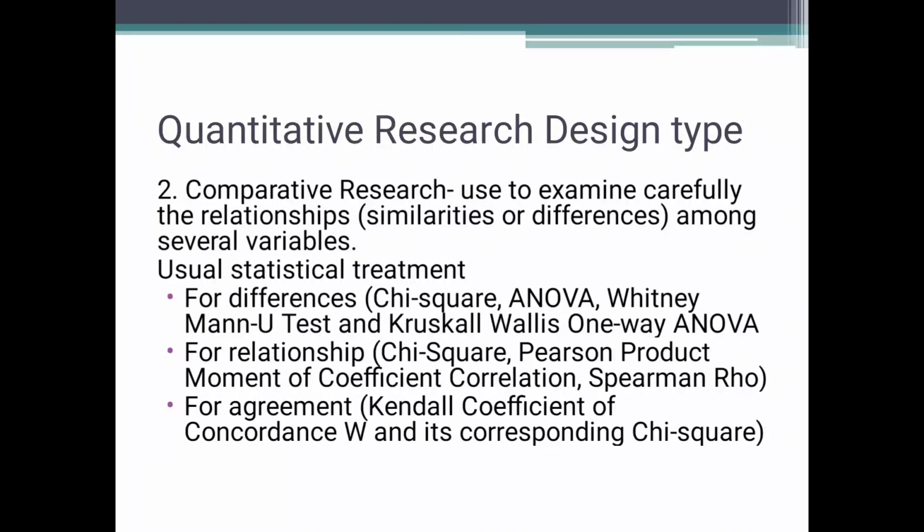Pero kapag parametric, which is Pearson product moment coefficient of correlation, ang ginagawa natin dito is tinitreat natin mismo yung data. Okay? And then for agreement, bihira lang gumagamit ng agreement na to. So, Kendall coefficient of concordance W and corresponding chi-square.